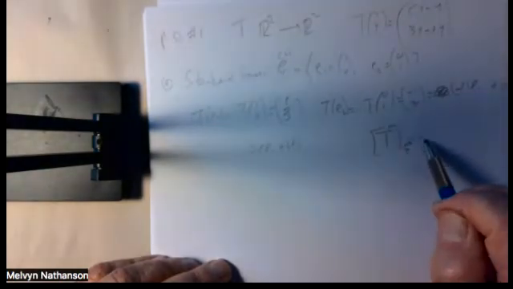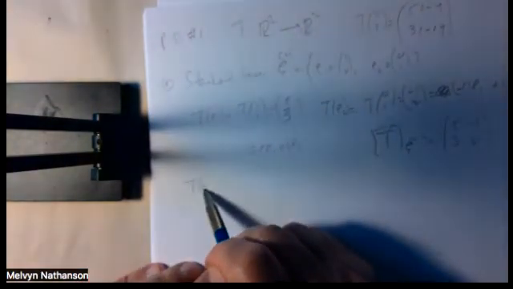And the matrix for T with respect to this basis is 5, 3, right? This is the column vector for T of E1. This is the column vector for T of E2, minus 1, 2. So I really should write it like this.